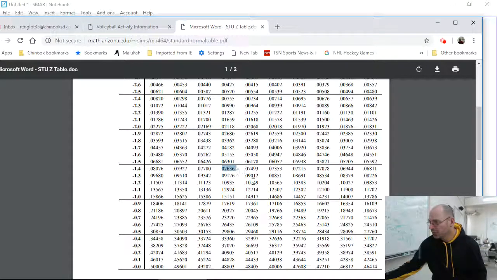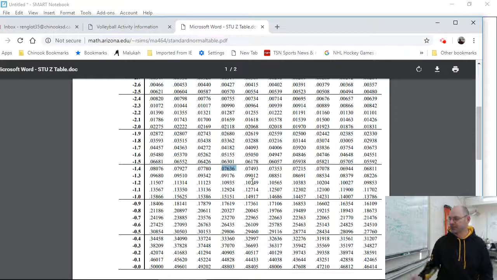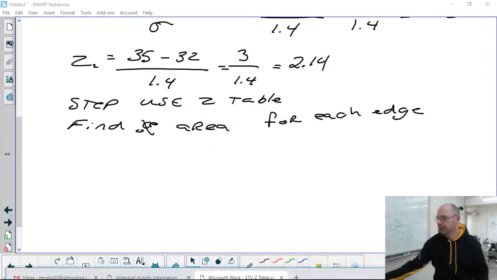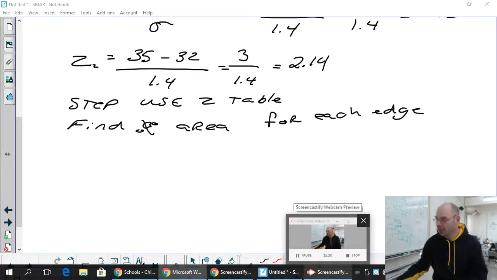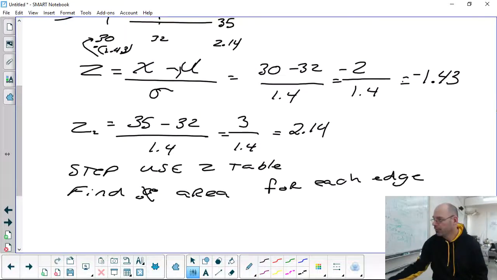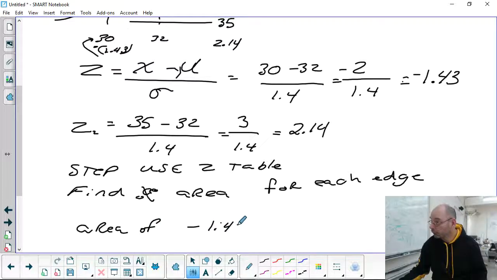So it's 0.07636. Okay, so this one here, this area, 0.07636.